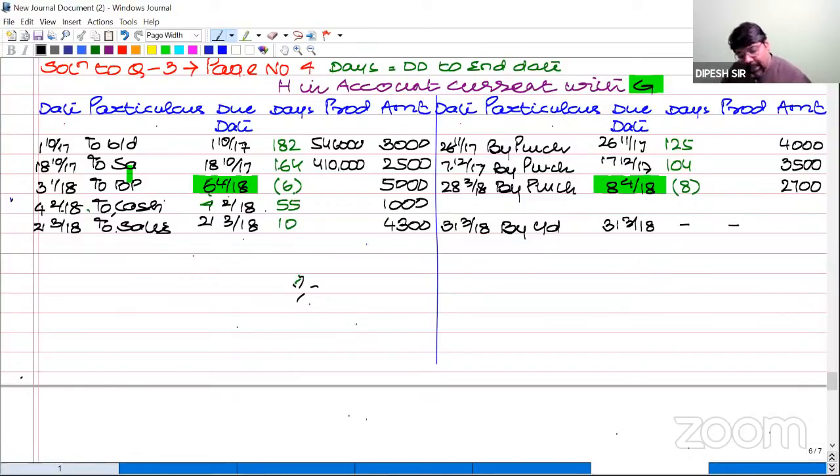Correct. Then negative 30,000, positive 55,000, 43,000, 125 into 5 lakhs.